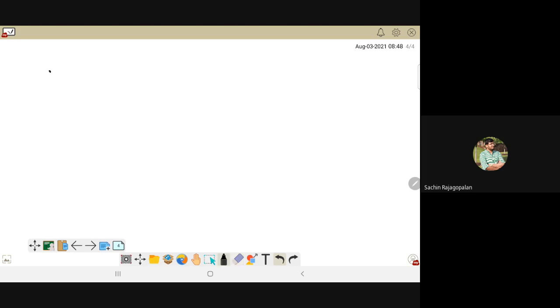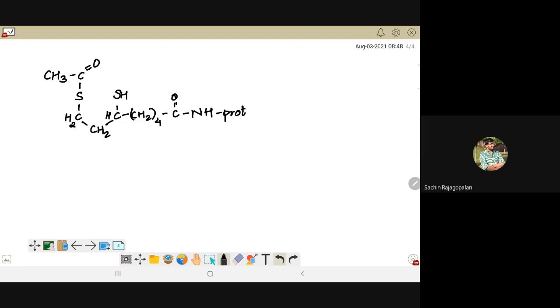So your structure right now looks something like this. So this is the acetyl lipoic acid complex that you have at this point of time. Now what we are going to do is release this group from the complex.